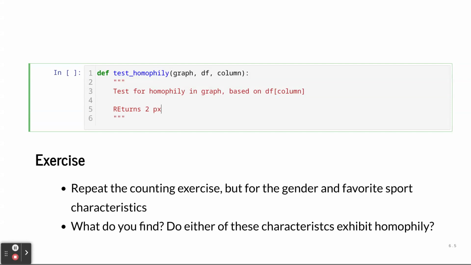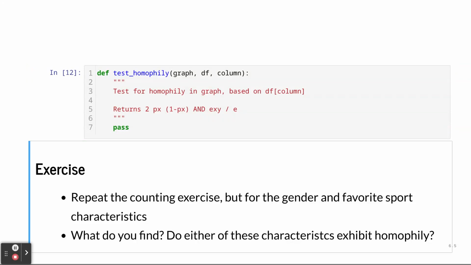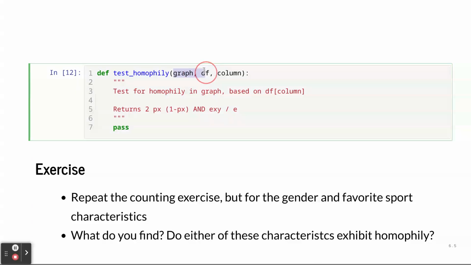It returns 2px times 1 minus px and EXY over E. So this would be the ideal way to solve this problem: come up with a Python function that uses the graph as well as the data frame together to analyze homophily in a particular column.